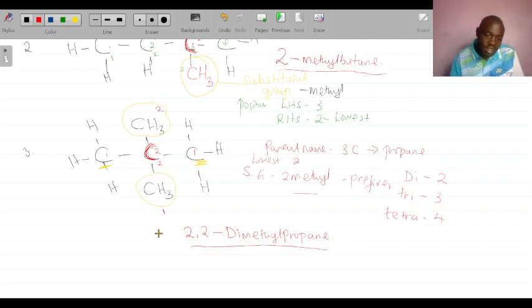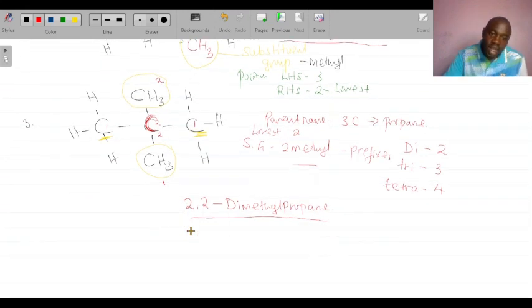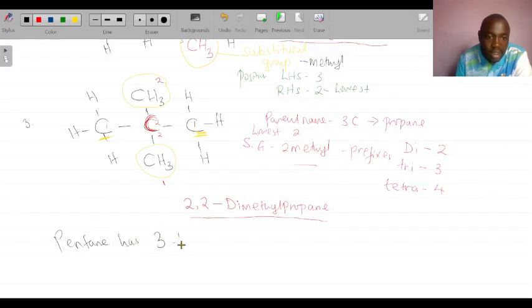So in other words, we can conclude that pentane has 3 isomers, which you have been able to see.